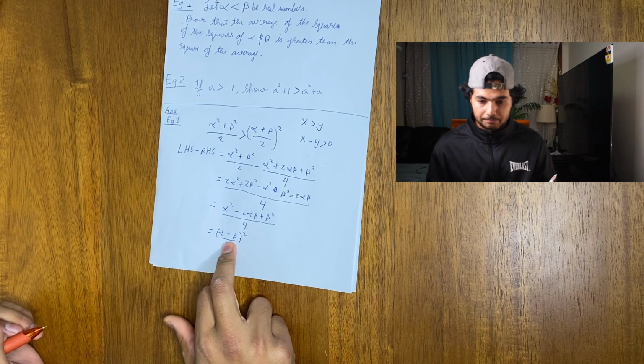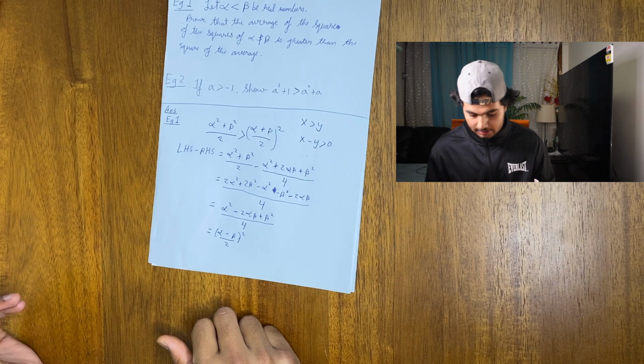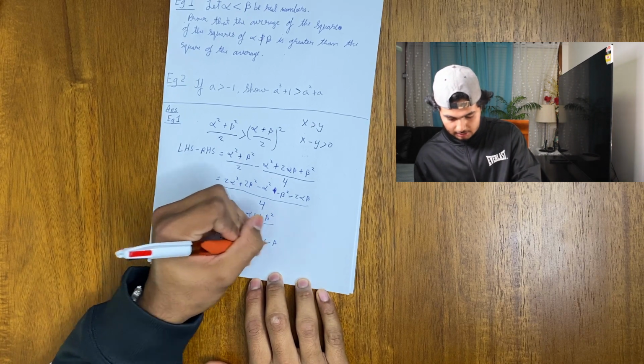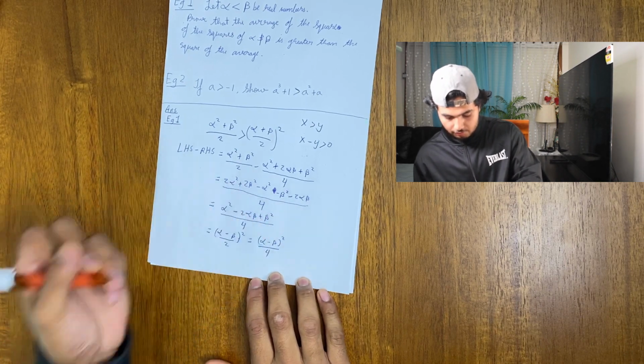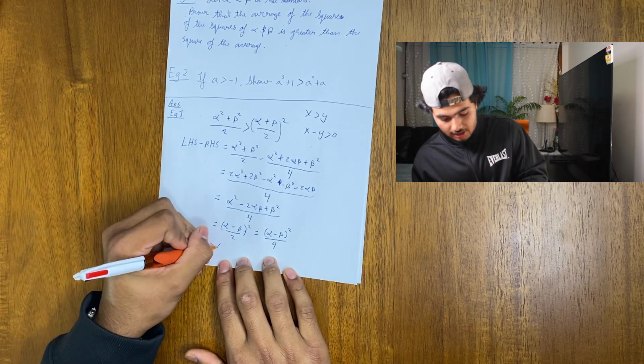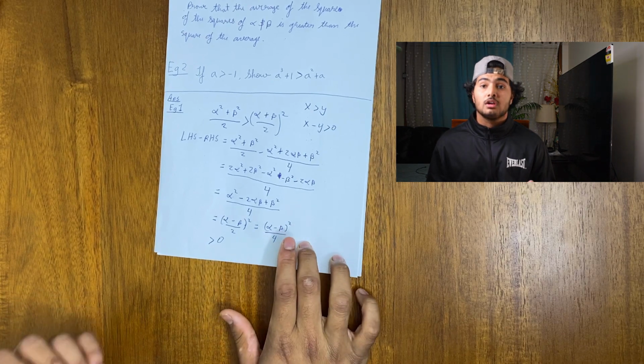This is what we're getting. In this case, we can also write this as alpha minus beta all squared all upon 4. It's the same thing. Next step, we know that this is greater than 0 since alpha minus beta all squared is only going to give me a positive number.